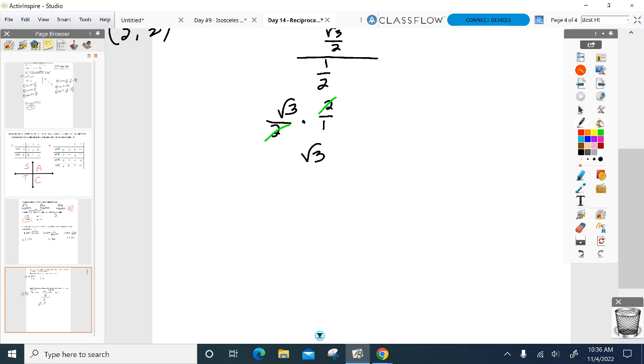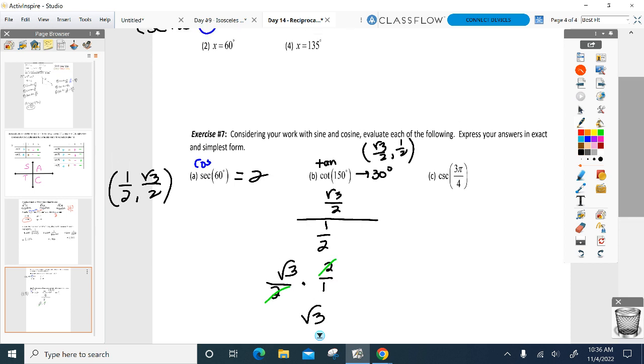Guys, that was awesome, what you just did. I didn't have to say a word, but I didn't hear one thing I wanted to hear. Sine of 150. Where am I? Second quadrant. Tangent in the second is negative.